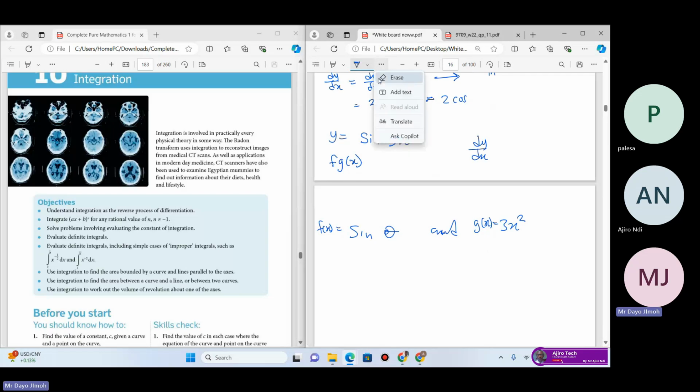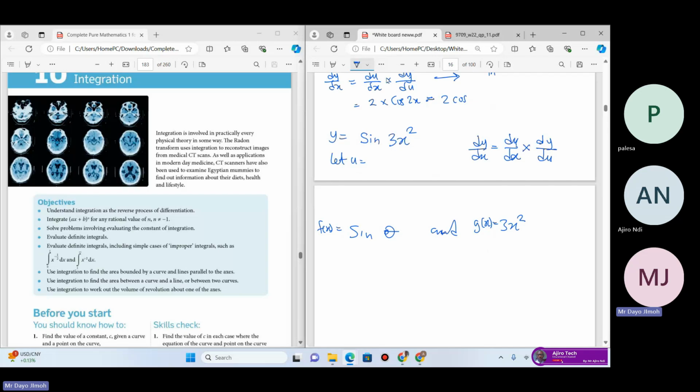Since I know that my question will involve the chain rule, I'll write somewhere the formula for the chain rule. I'm looking for dy/dx, but I'm going to let u equal something. So I must do dy/du, because du also has its own derivative with x.